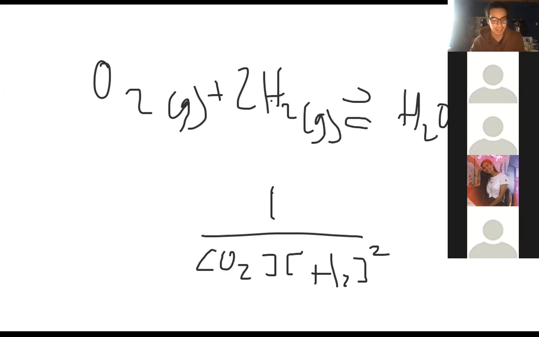And it tells us again that KC is unitless. It gives us an example where A plus 2B yields C plus 3D. They gave us a bunch of different concentrations for each of those compounds, and they just plug it in, raise everything to their coefficients, and got the answer of 10.7.